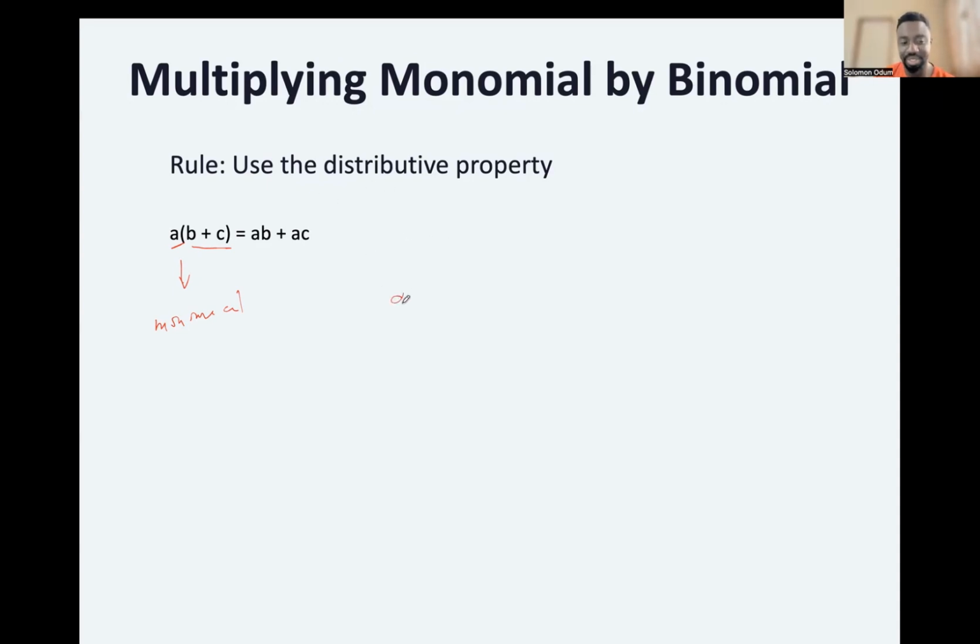The expression a into bracket b plus c: you multiply a by b, in one bracket a times b, plus in another bracket a times c, which is ac.